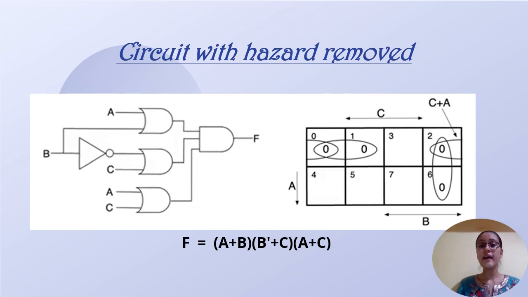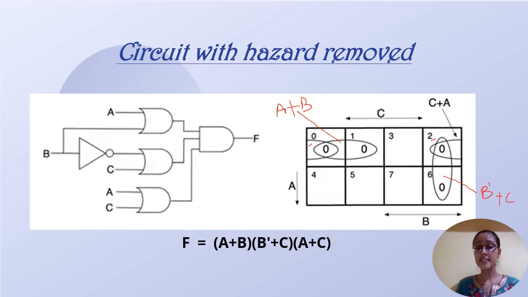Here in that expression, this is A plus B, and this is nothing but B bar plus C. Here we may notice that even the cells 0 and 2 are adjacent to each other.